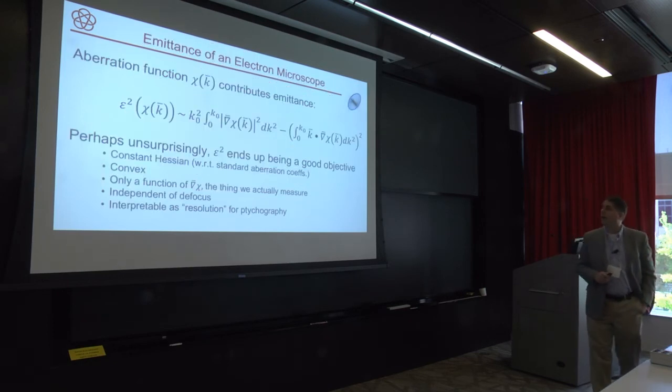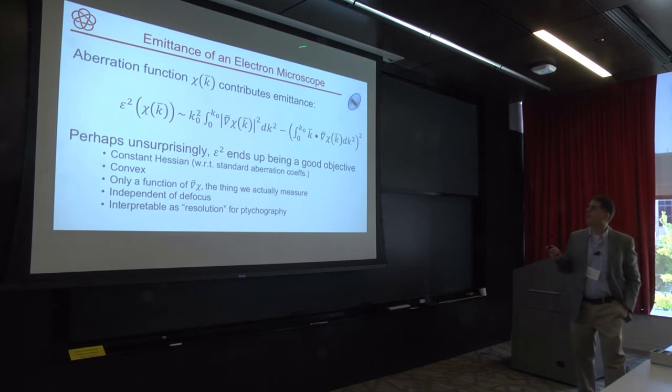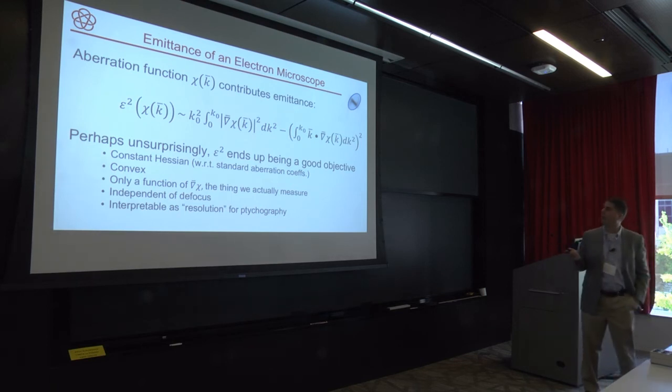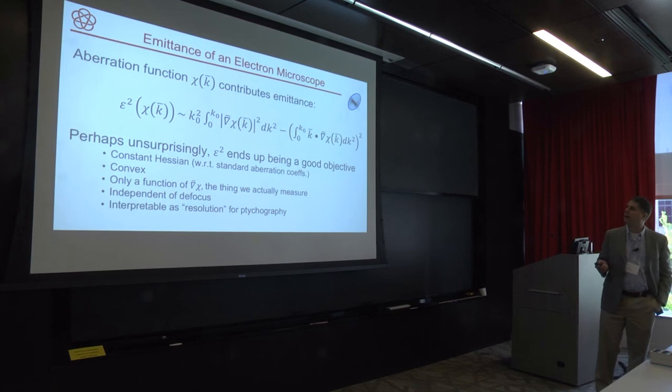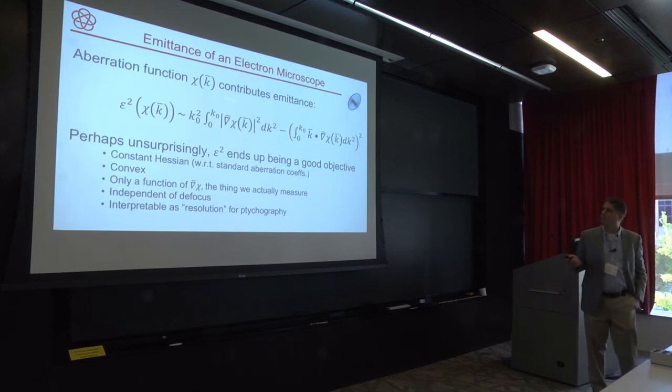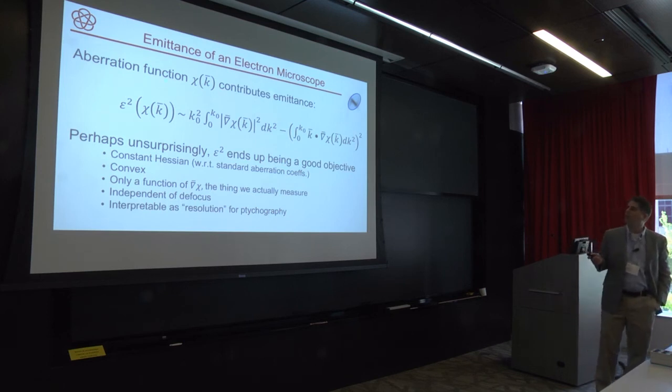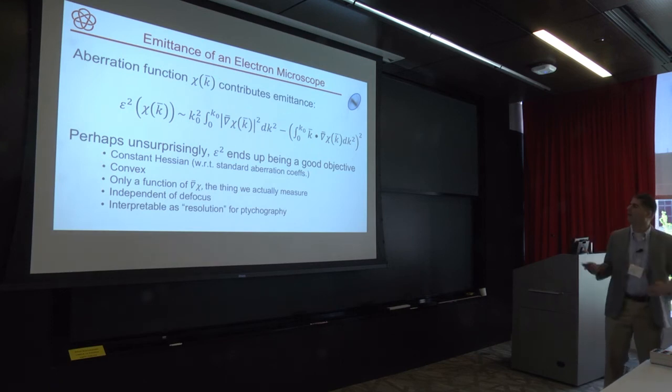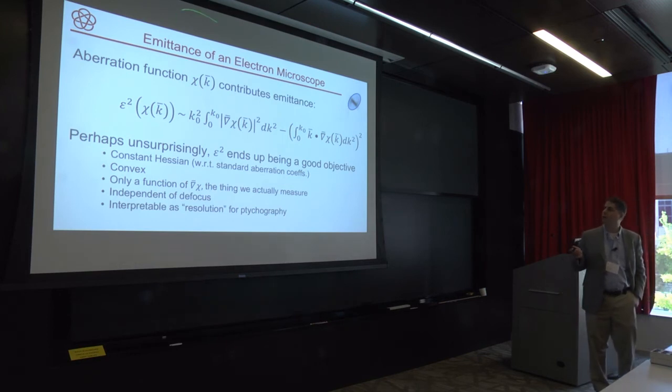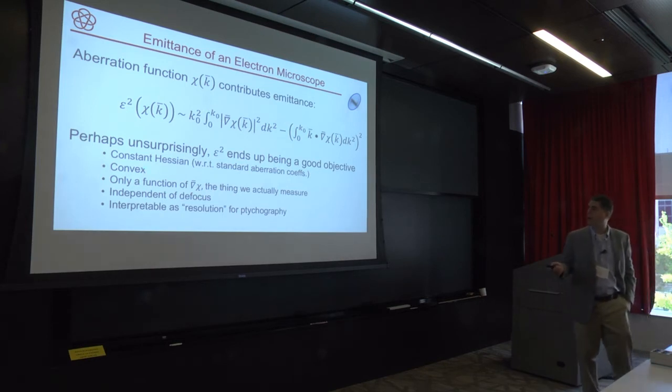So very bad news. One very nice result that my student Paul Cueva showed is that because all of your aberration functions contribute to blurring out and increasing the emittance, if you want an optimized system, you want to minimize the emittance of the system, and that has the beautiful property of being convex.